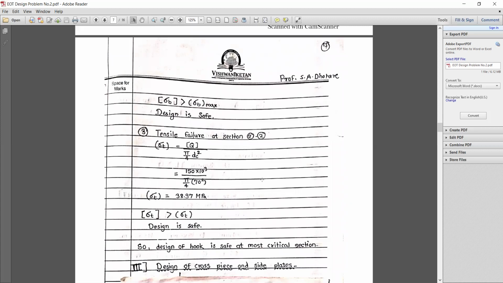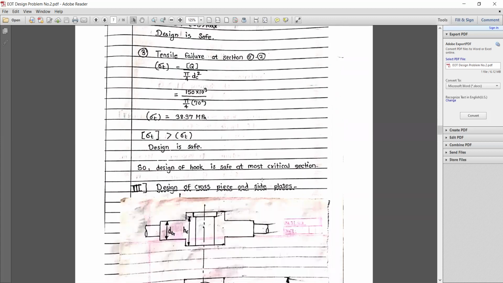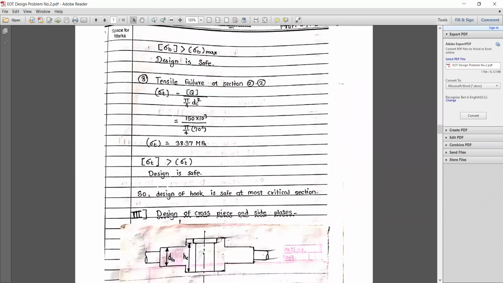than the design one. Okay, so till now we have discussed the design of rope. We have checked the induced stresses, the strength, and also the life of the rope. Then we went to the design of the hook, where we selected the cross sectional area. Using the empirical relation, we found the dimensions of the hook.